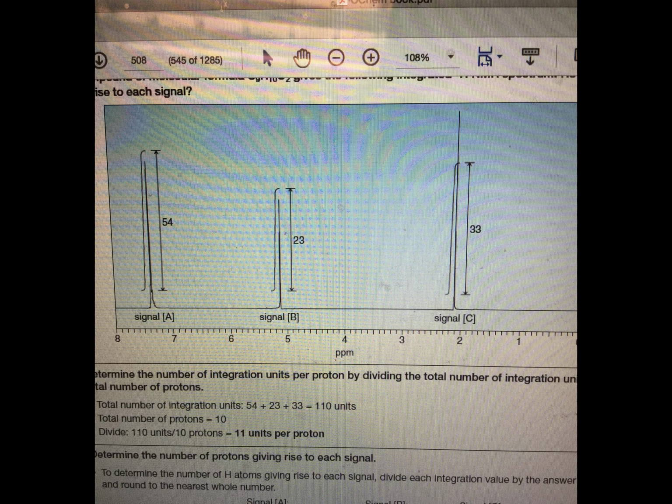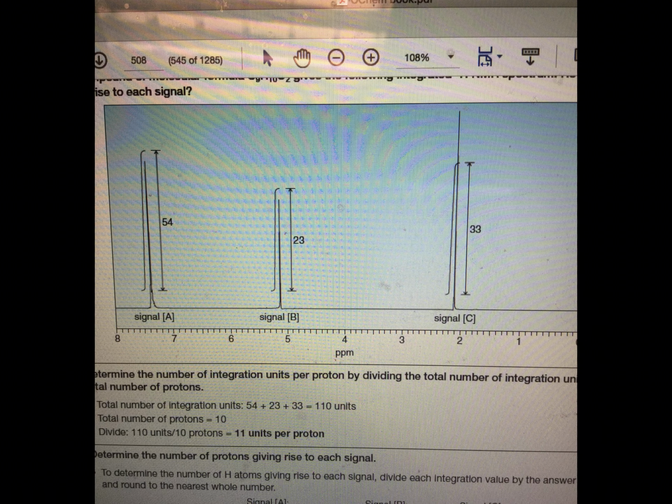And next to it on the other side, you see a number that the machine has spit out. Like for signal A in this photo, it says 54. For signal B, it says 23. And for signal C, it says 33. And you'll notice that the integration marks are proportional to these. For the one that says 54, the S-curve is bigger than the one you see for 23, for example.